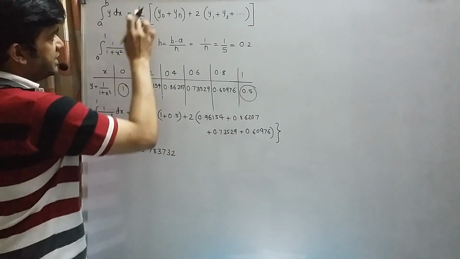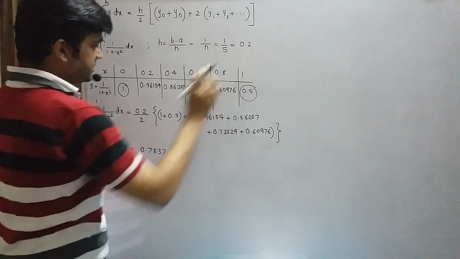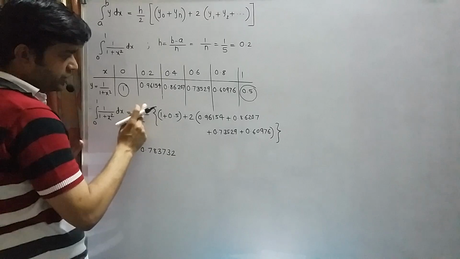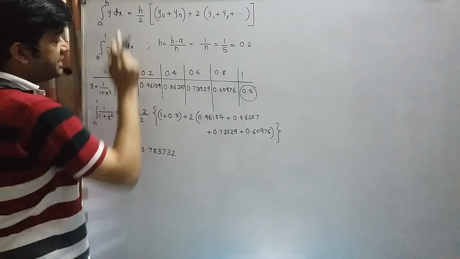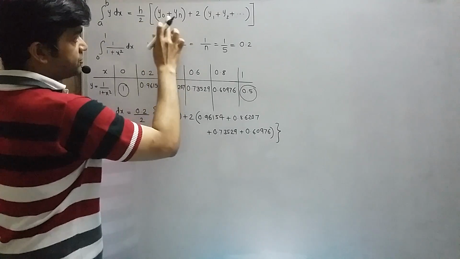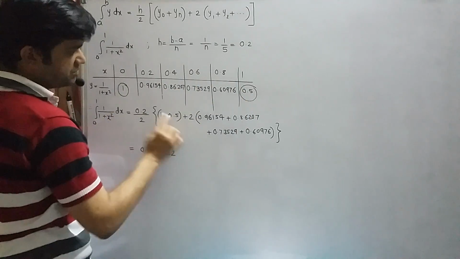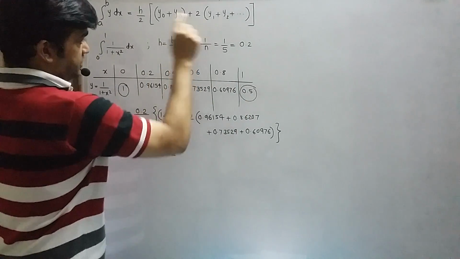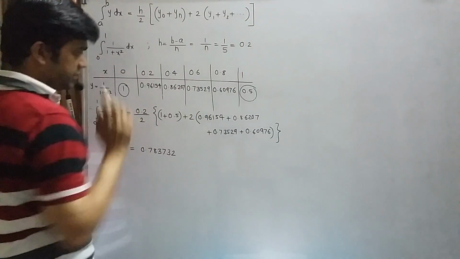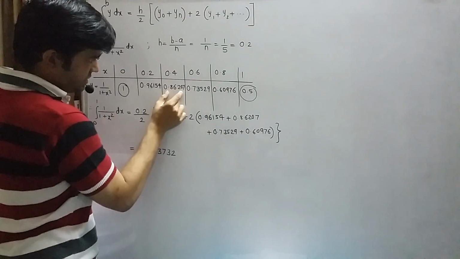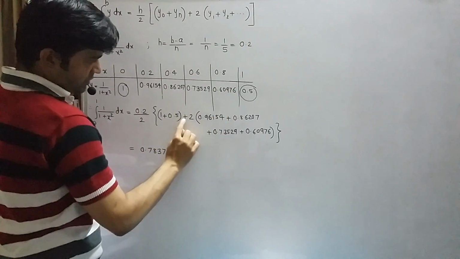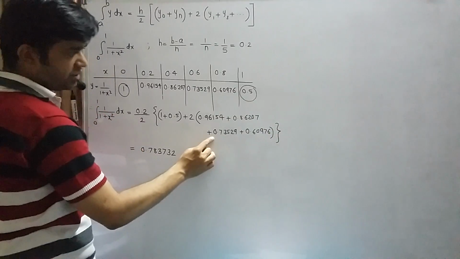So what is the formula? h by 2. h here is 0.2. So it is 0.2 upon 2 multiplied by the sum of extreme ordinates, 1 and 0.5, plus 2 times the remaining ordinates. So this plus this plus this plus this, 2 times all these remaining ordinates.